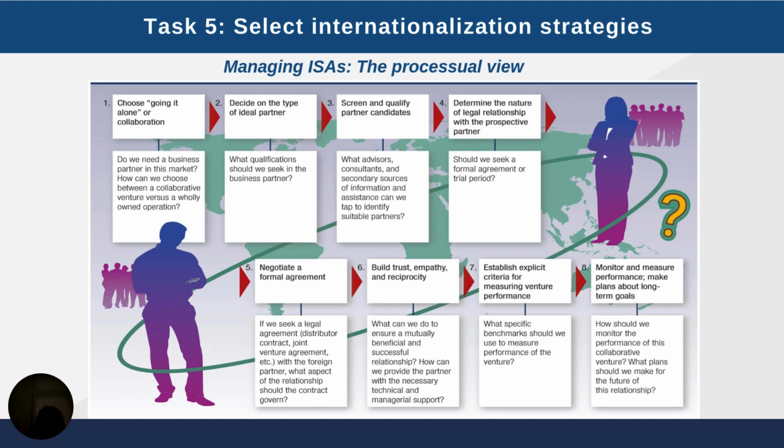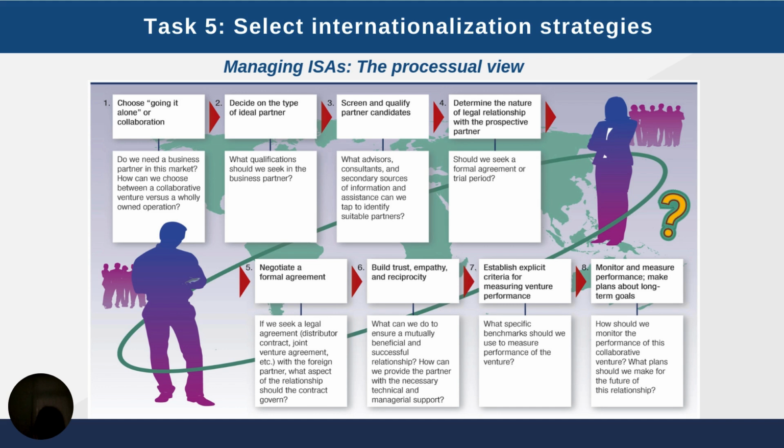You will list out criteria for selecting your partners, and these criteria are in line with the internationalization objective of your firm. You use these criteria to screen the qualified partner candidates and then determine the nature of your legal relationship with the prospective partners.